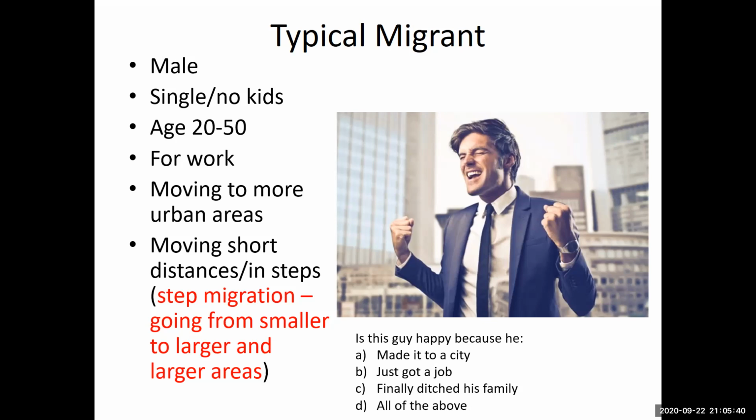Otherwise, it's just too difficult. So steppe migration is this idea of going from smaller to larger and larger areas because it's generally more manageable, more affordable. You've got more connections. It's easier to go back home or get help. Hopefully that makes sense. So these characteristics should be embedded in your brain.